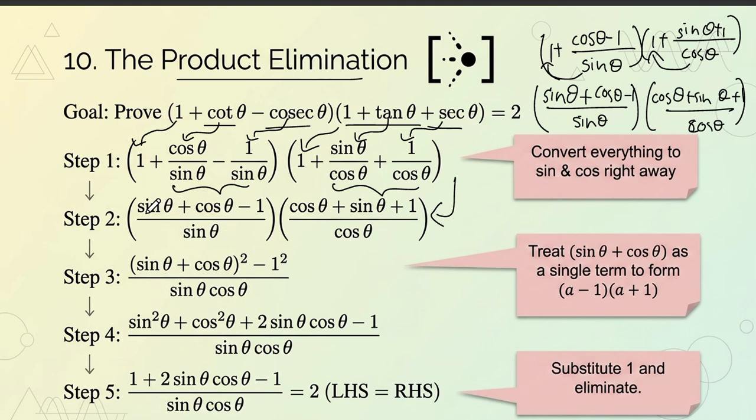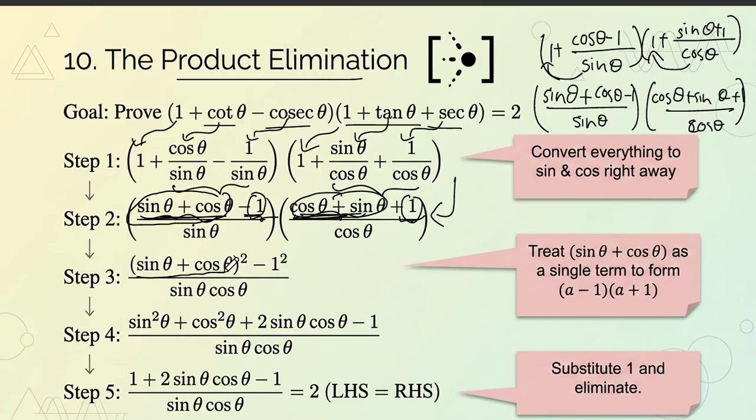After that, if you see sin theta plus cos theta, if we take this sin theta plus cos theta as a and this one as b, you can see that this is nothing but a minus b, and this is a plus b. Okay, a minus b, a plus b. A is nothing but sin plus cos, and b is nothing but 1. So a minus b, a plus b, if you apply, it is nothing but a square minus b square.